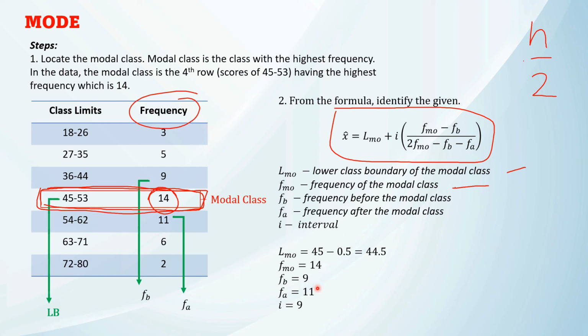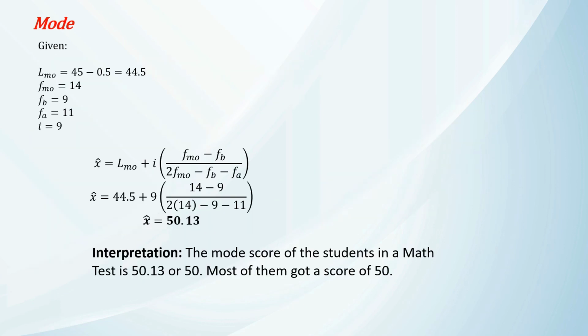So let us now substitute. So again, here, your L sub MO is 44.5. Your F sub MO is 14. Your F sub B is 9. And your F sub A is 11 and I is 9.